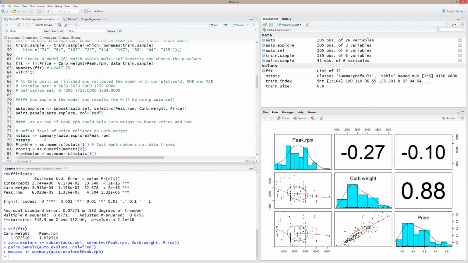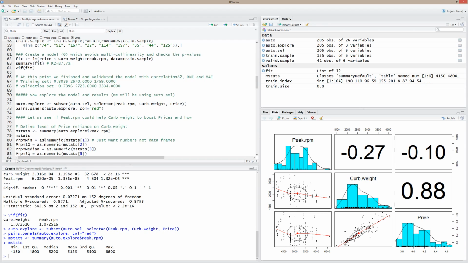The first approach to visualization will be to fix one of those variables. In this case, the peak RPM looks like it's a bit chaotic and dispersed, so we'll fix the values in this particular variable and observe the impact of that value on the relationship between curb weight and price.